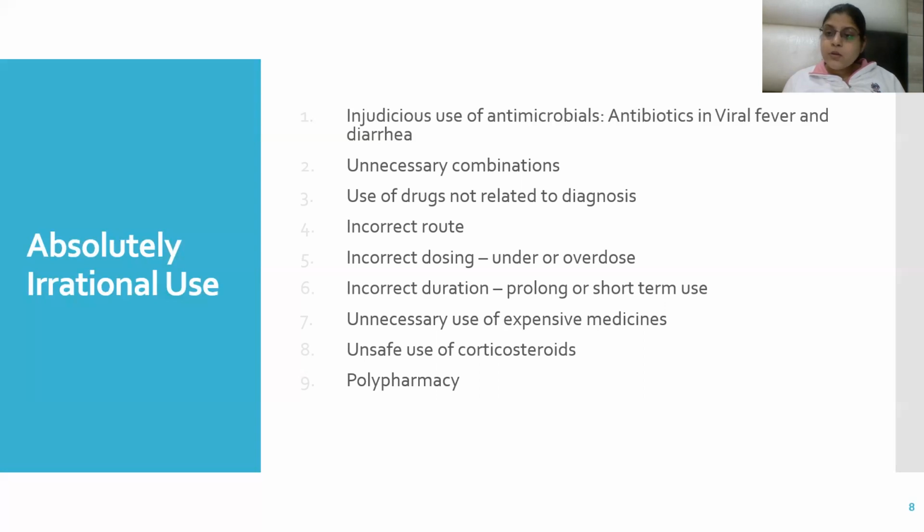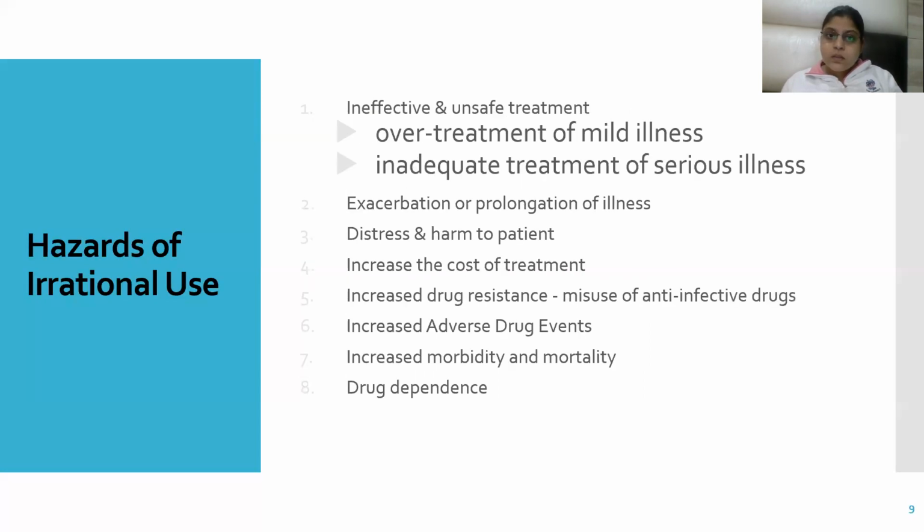Polypharmacy: in geriatric patients, that is the elderly, there are many comorbidities like hypertension, diabetes, cancer, ischemic heart disease and stroke, which can lead to polypharmacy. This in turn can lead to a lot of adverse drug reactions and drug interactions, so polypharmacy can lead to irrational use of the drug.